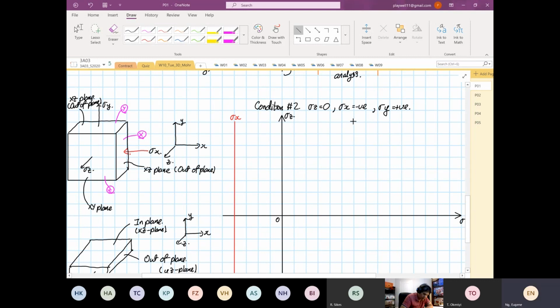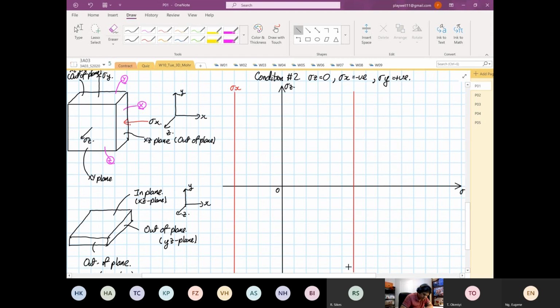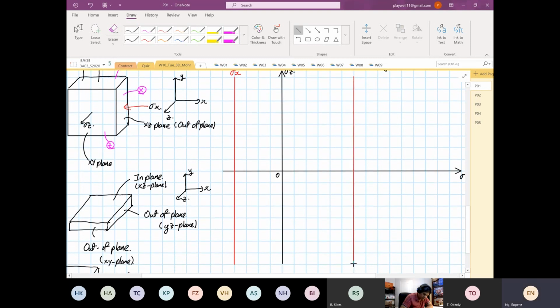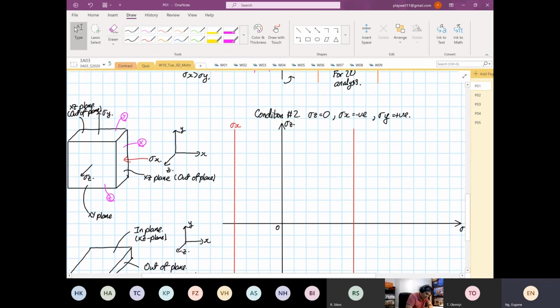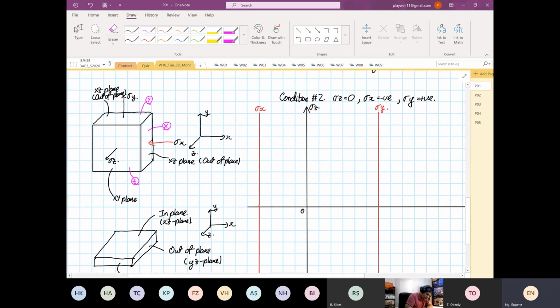Let's say over here, this is your stress Y. All of them have zero shearing stress. So this is your point X, this is your point Z, and this is your point Y.